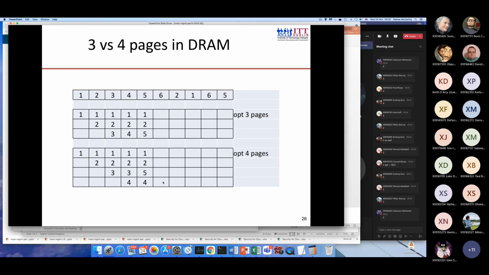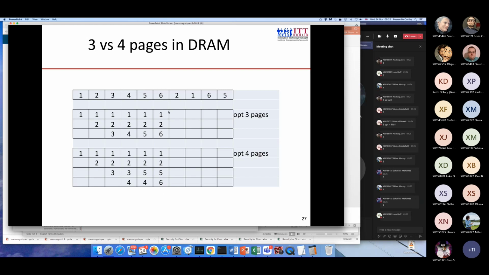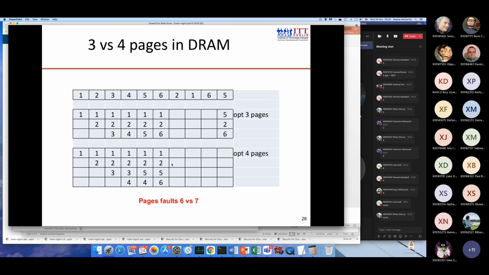Again, pretty straightforward. 4, yeah, looks good to me. So 1, 2, and 5 are there. There is no 4, so we're good. You're getting it. This one, 1, 2, and 6, optimal. You need to bring in 2. Which one will I get rid of? Well done, Luke. None. It's already there. And it's already here as well, so we can keep going.